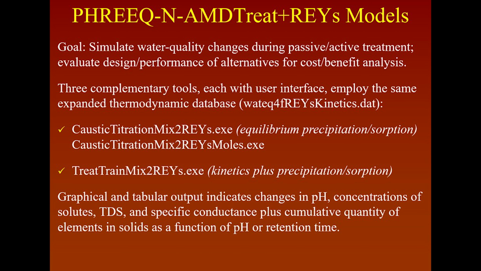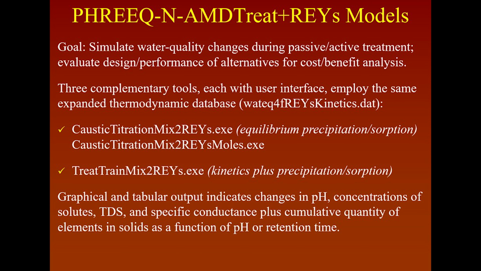But there's graphical and tabular output that indicates the changes in the pH and the corresponding changes in concentrations of solutes, including things like total dissolved solids and specific conductance, which may be of concern for discharge water quality. We might want to consider a different treatment strategy that's going to have lower dissolved solids in the effluent than another one as an option.